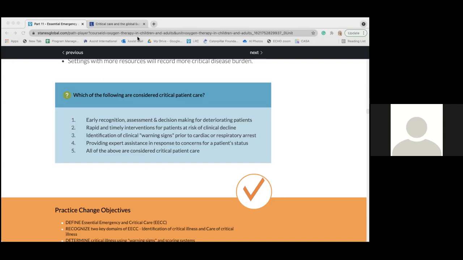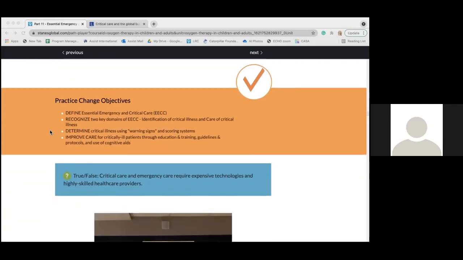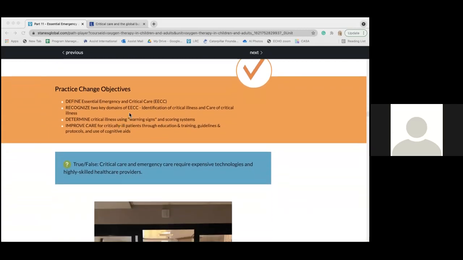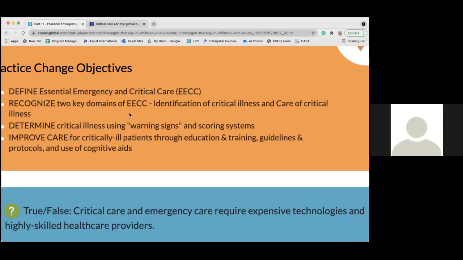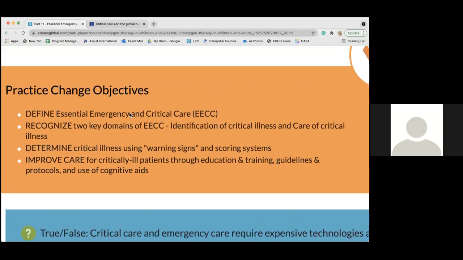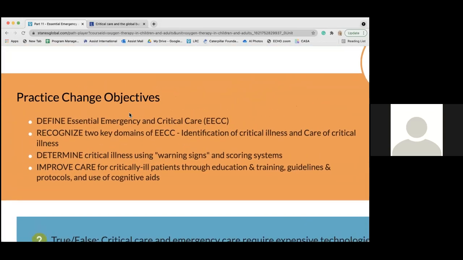So we can move up, Sarah. So the next session's practice change objectives include: we are going to define what Dr. Piri introduced as the main topic for today, which is the essential emergency and critical care, EECC, concept.